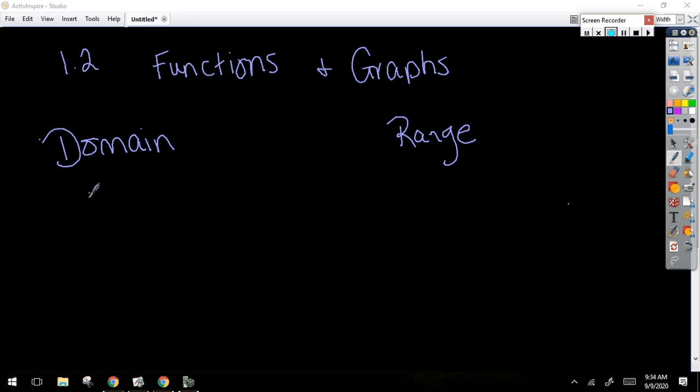So I'm thinking denominators that can't be 0, and radicals that need to be greater than or equal to 0. Those are my two big domain restrictions when I'm talking algebraically about finding domain.